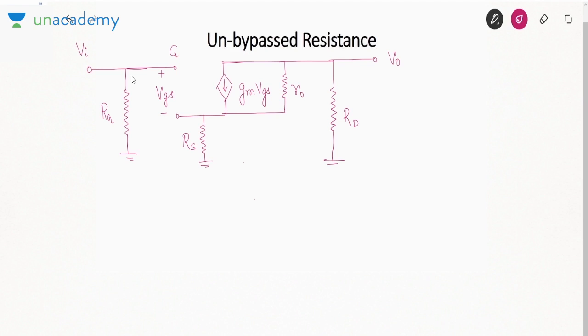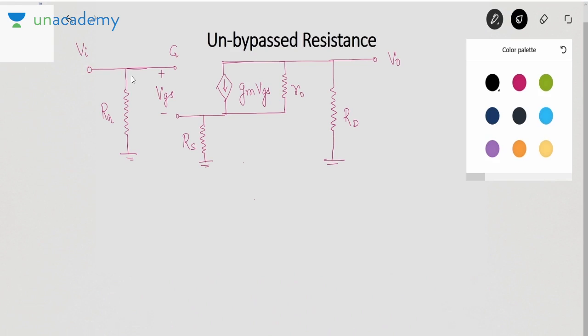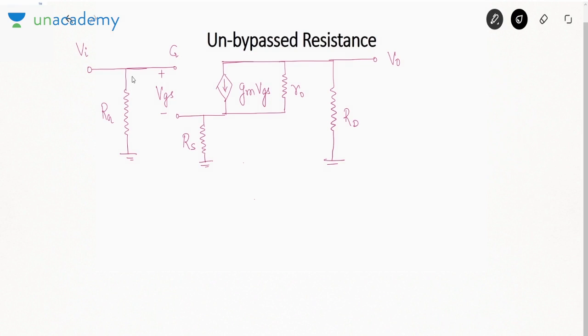Okay. So let us see how we can analyze this circuit. So let me say first I want to find out the input resistance. It will simply be RG, because no current goes here. So that means the entire input current goes through RG.